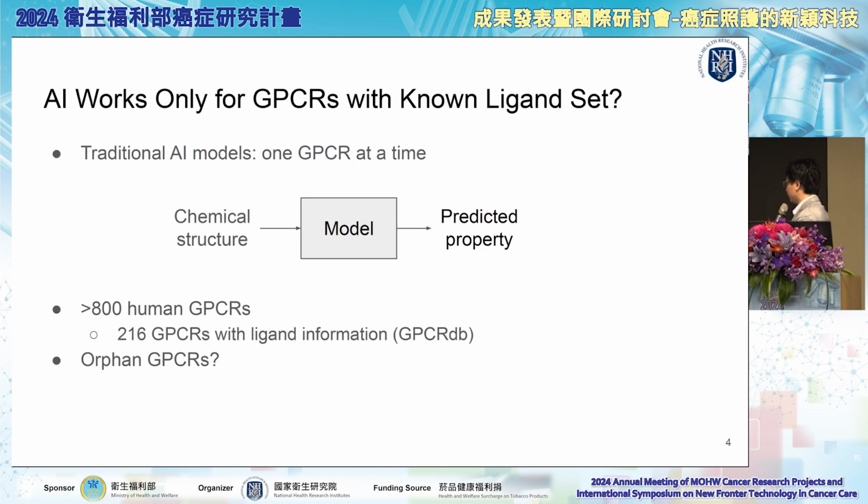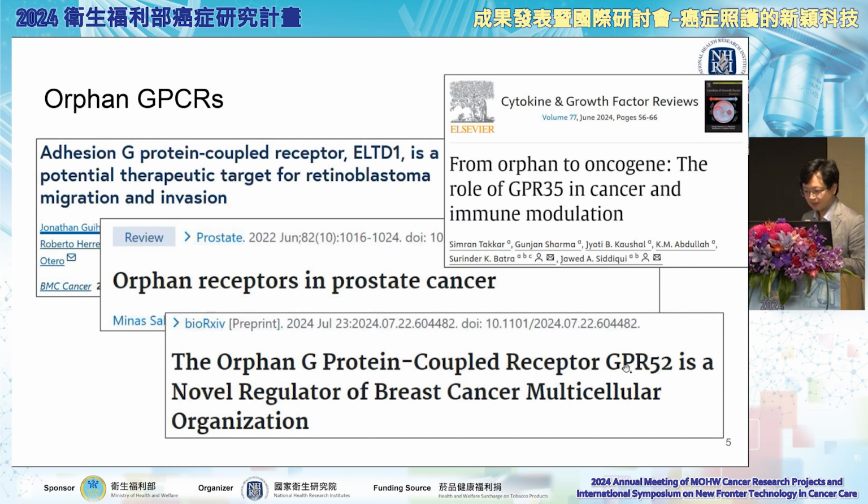Or we need another approach, in contrast to the traditional AI model, to make predictions. This shows that orphan GPCRs have tremendous potential for cancer treatment.